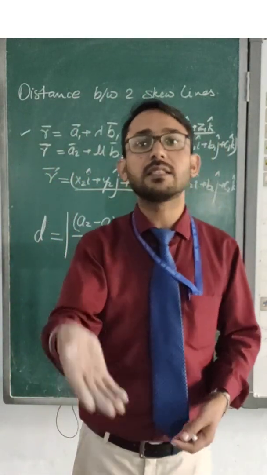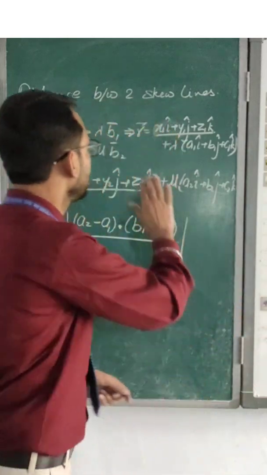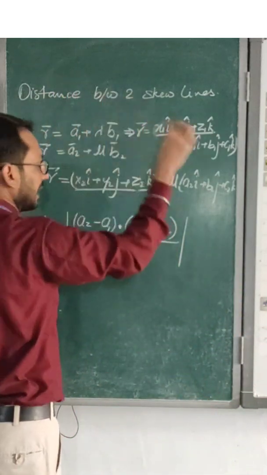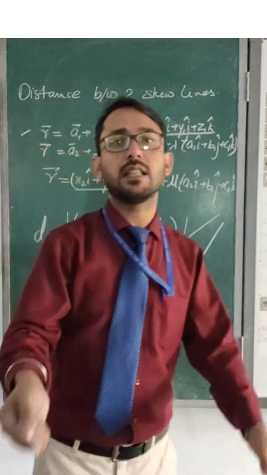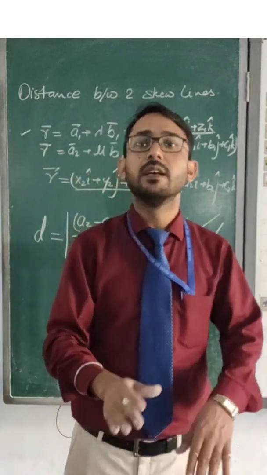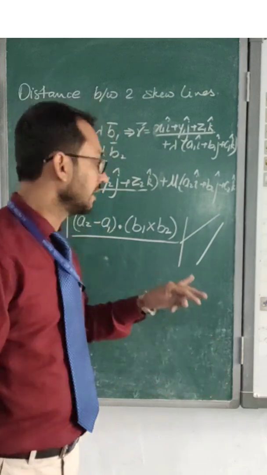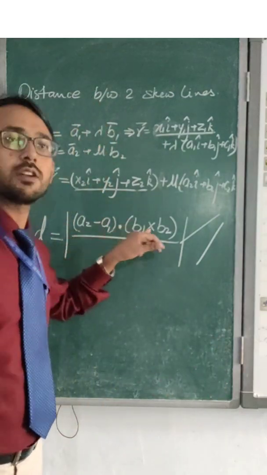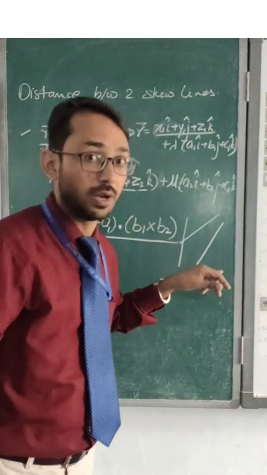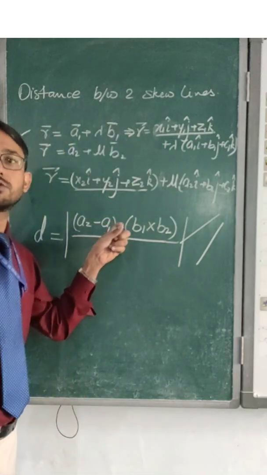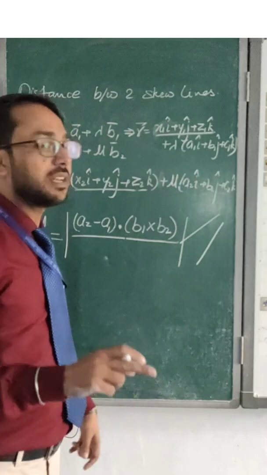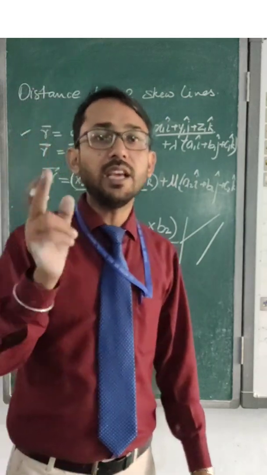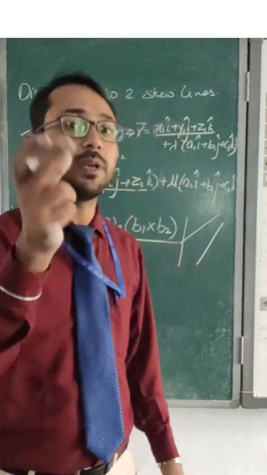If two lines lie on a plane, then they are said to be coplanar. So if the two lines are coplanar, then they cannot be skew lines. In that case, (a2 − a1) · (b1 × b2) will be equal to 0, and the lines will be coplanar.